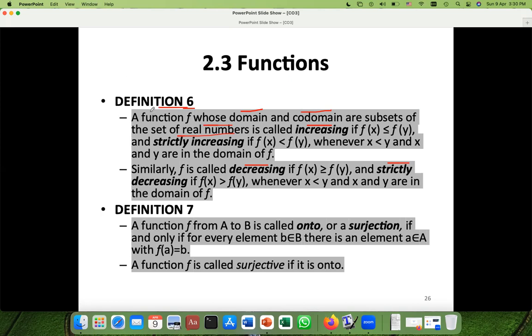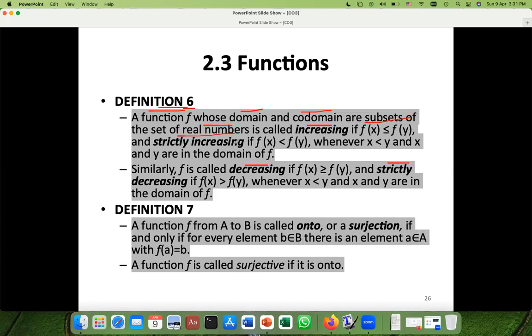And we can call the function f increasing in this situation: x, some element on which you applied that function, and whatever result you get is less than or equal to f of y, where y would be another value on which you applied that function. So you are getting the next value greater than the previous value or equal. That would be the increasing situation.